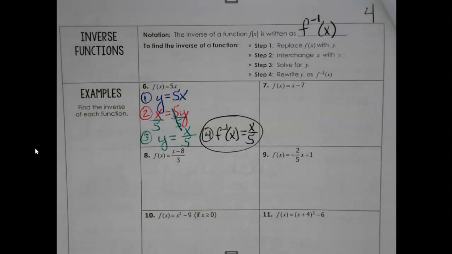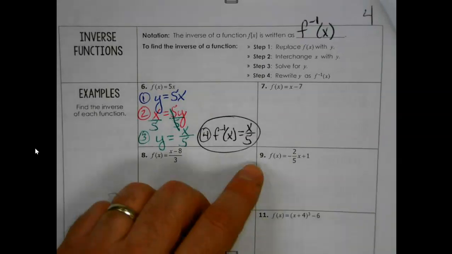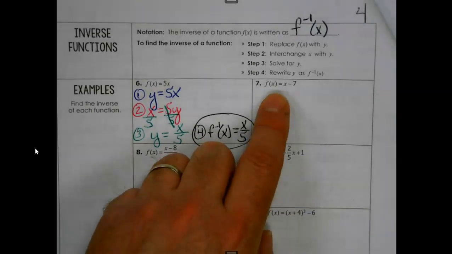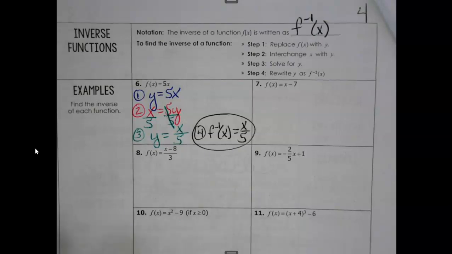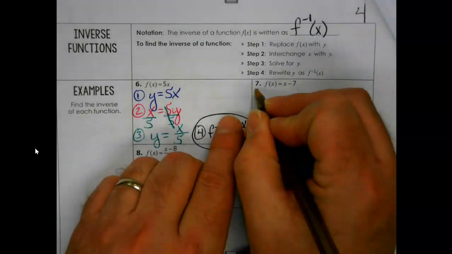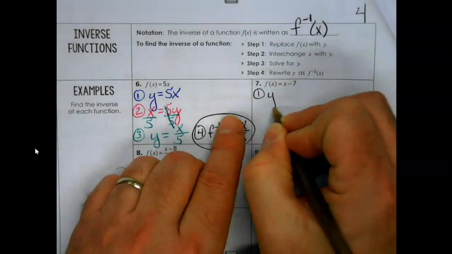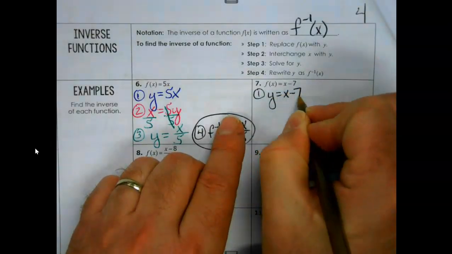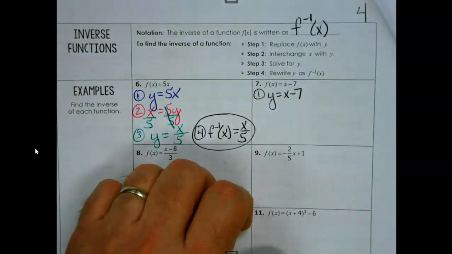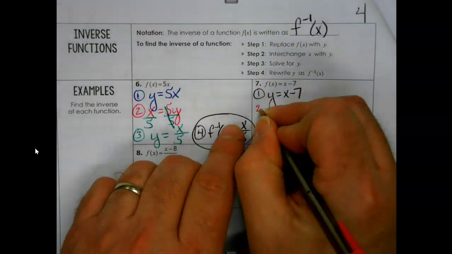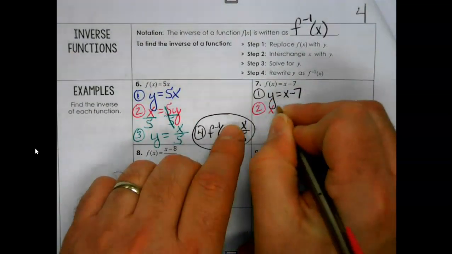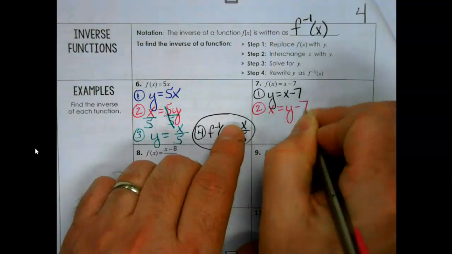And so for any of the ones that we're doing, yeah, we're definitely going to save graphing, I think, for tomorrow. Do this in pieces. So with any of these, y goes in first. X and y get switched or interchanged.